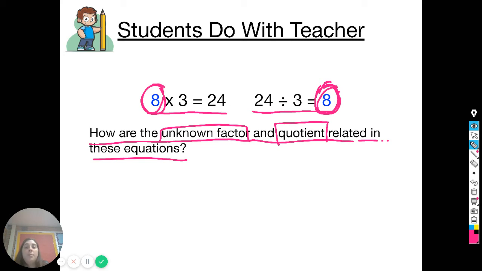I'm going to go ahead and put you into breakout rooms, and you will get about 1 minute to discuss with the people in your group how this unknown factor of 8 in our multiplication equation and the quotient of 8 in our division equation are related. How are they related?